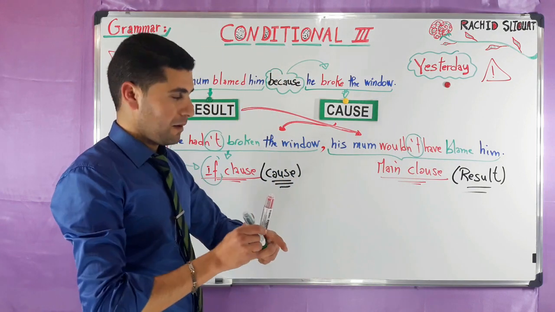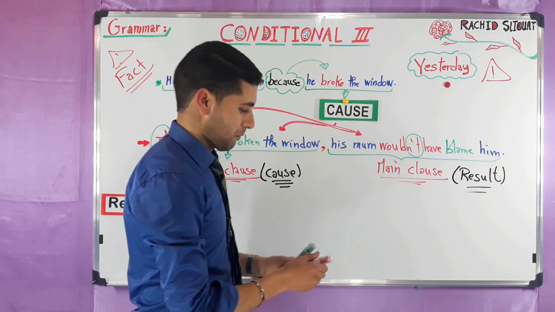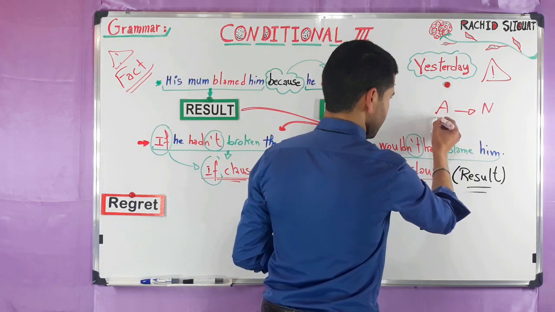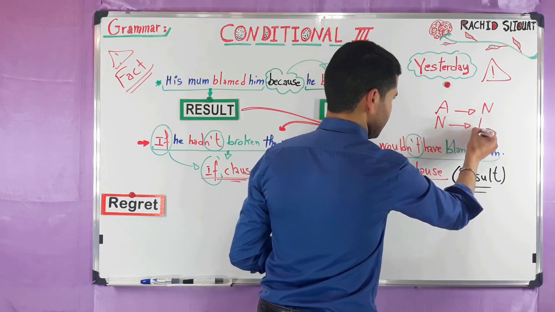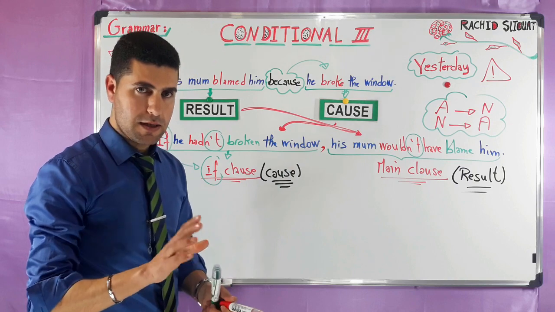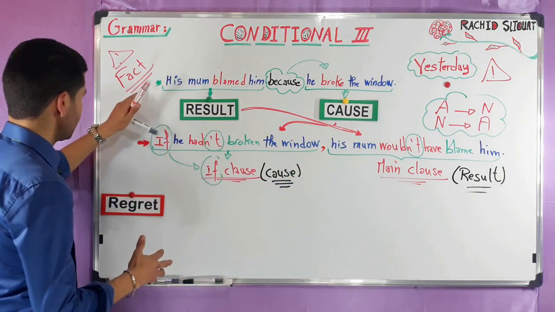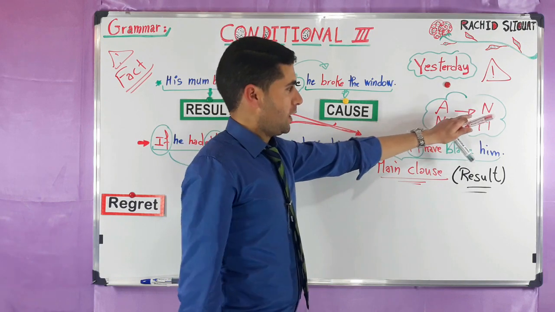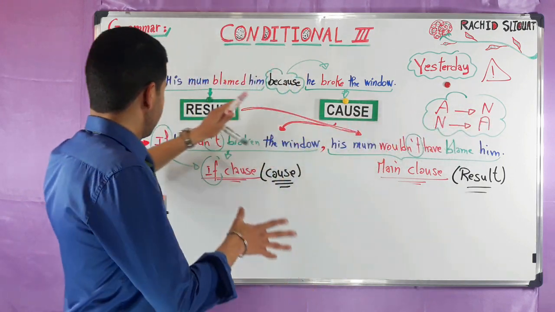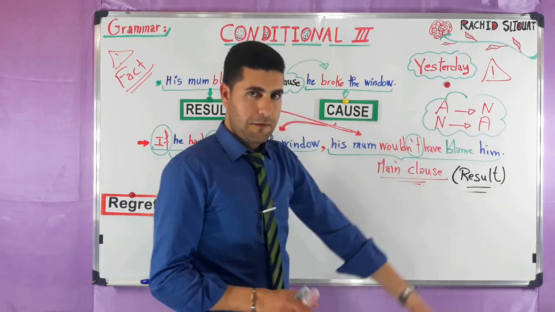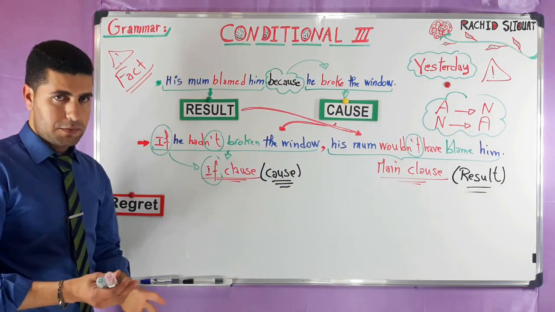So this is a very important remark to remember. When it is affirmative, it becomes negative, and when it is negative, it becomes affirmative. You should remember this rule: when the fact is affirmative, in the conditional it becomes negative. When the fact is negative, in the conditional it becomes affirmative. This is easy to remember.